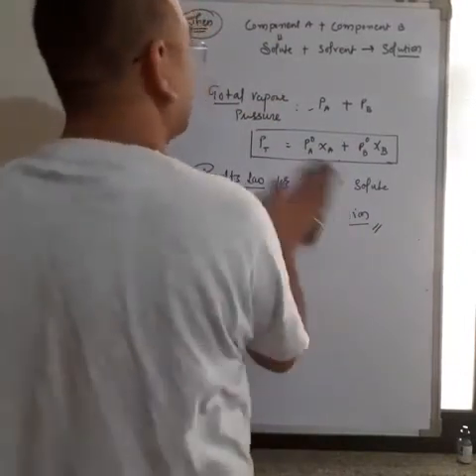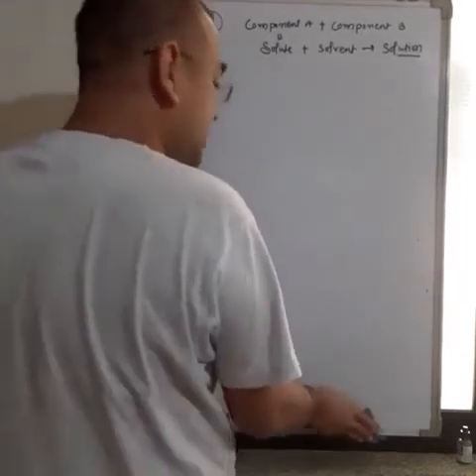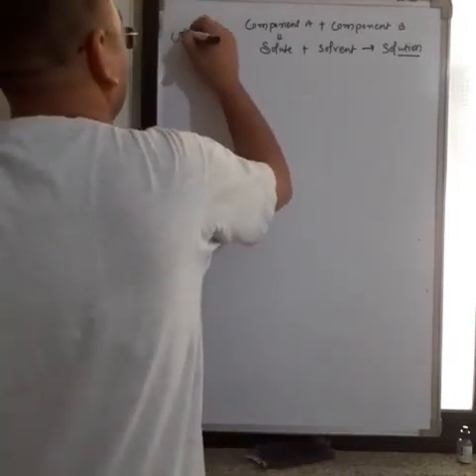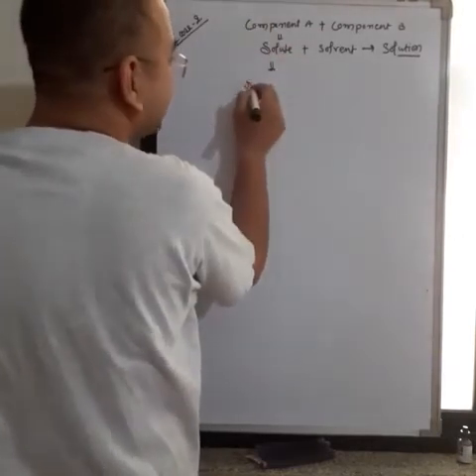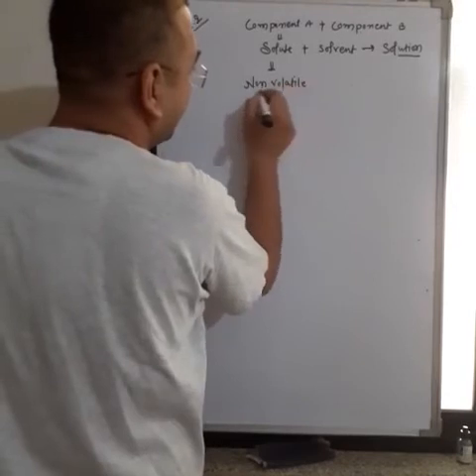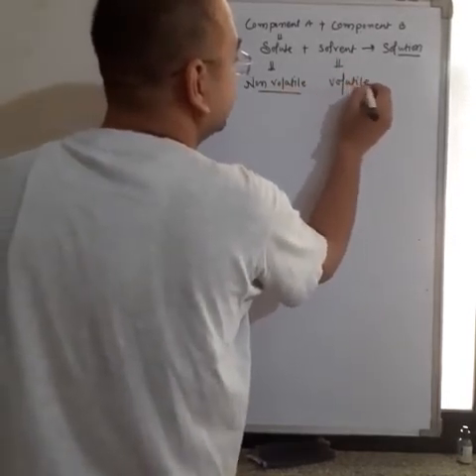That's it. Next one, similarly we have to see case 2. Case 2 means what? The same situation here, but our solute is non-volatile and the solvent is volatile.